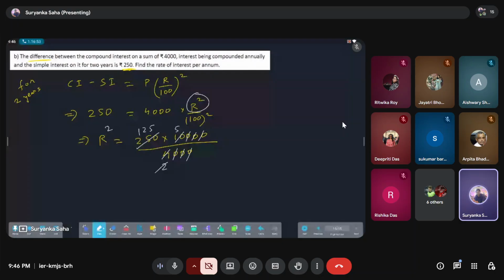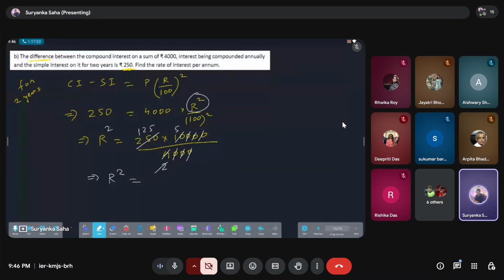So let me see. R square equal to 125 into 5. What is it? 25 into 25, isn't it? No, sorry, it is 25 into 5. So 125 is basically 25 into 5, and another 5 is there. So you can see the square is possible.